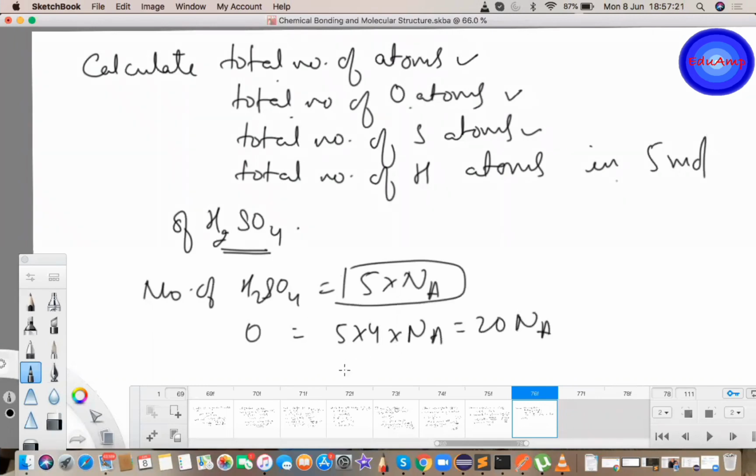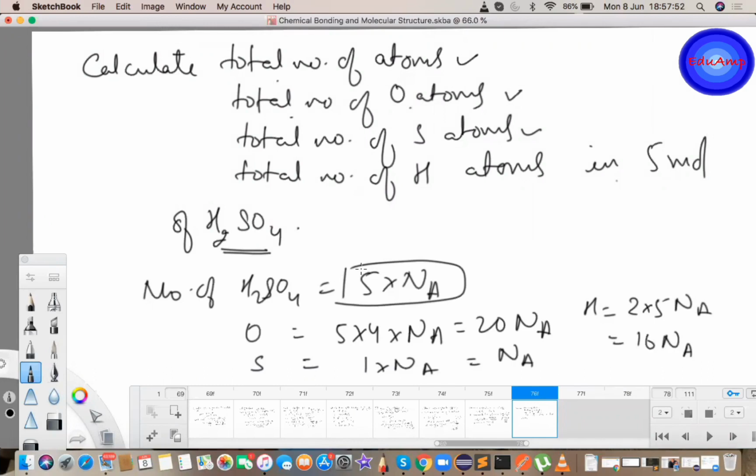So oxygen atoms will be 20 Na. Next is sulfur atoms. There is one sulfur atom. You have this many molecules, that is 1 into 5 Na, so 5 Na is for sulfur. Now for hydrogen atoms, there are 2 hydrogen atoms, right? Therefore, for hydrogen atoms, 2 into 5 Na, that is 10 Na.